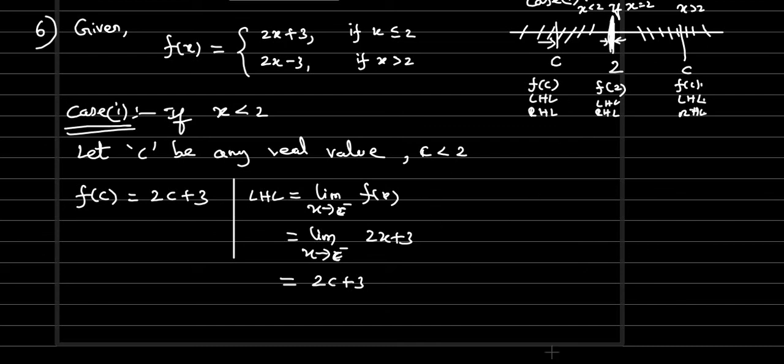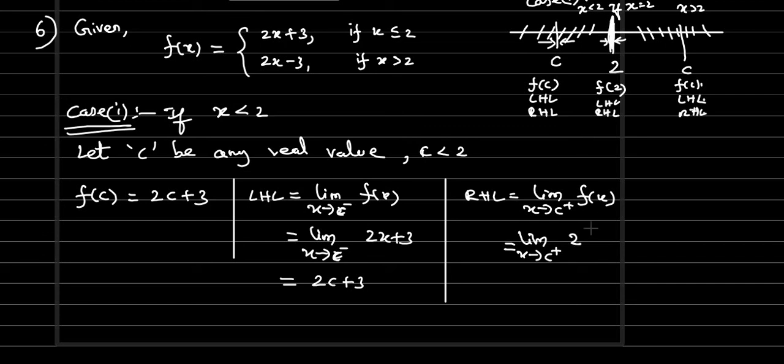And next one, right hand side limit. Limit x is approaching c from the right side. Right hand side close values of c are also less than 2 only. If it is less than 2, again we have to replace the first function in place of f of x. And close values of c in the right hand side are also approximately c.